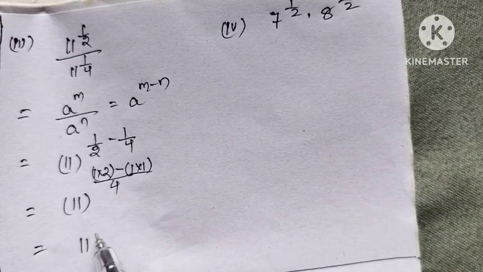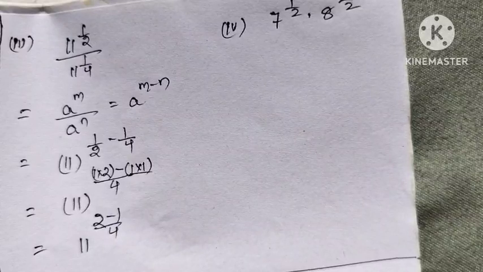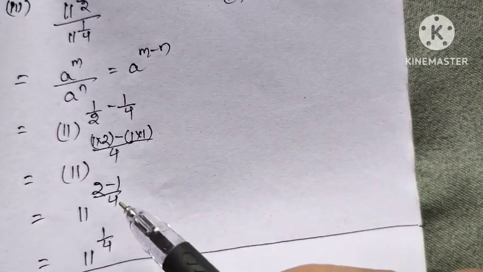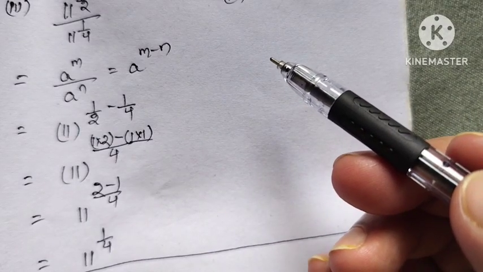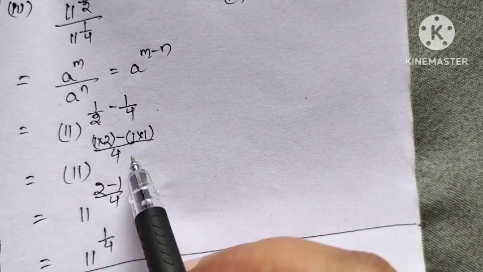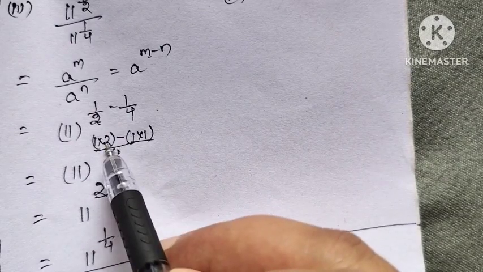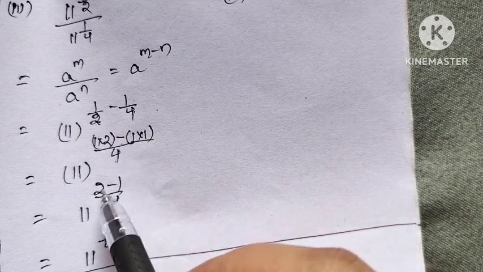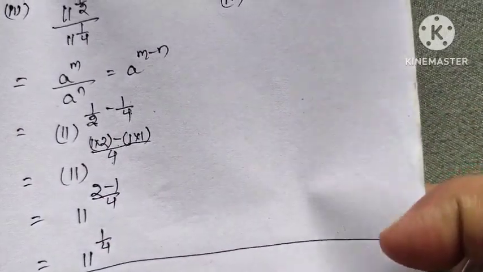This is equal to 11 to the power 2 minus 1 by 4, which is equal to 11 to the power 1 by 4. 2 2s are 4, then 1 into 2 minus 4 1s are 4, 1 into 1. This is 2 minus 1, the answer is 1.